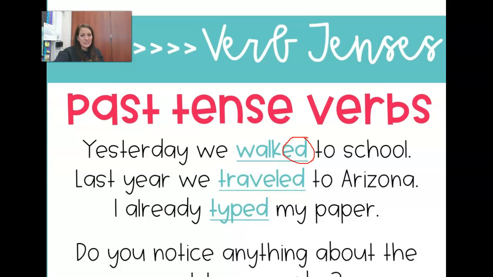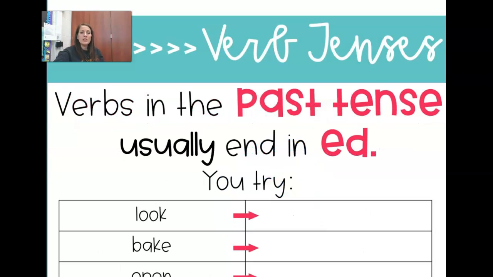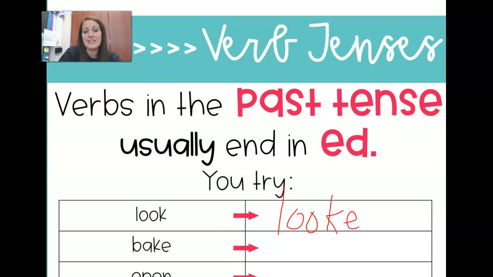Now that's not the only thing. Well, let's keep going. I'll tell you on the next slide. Here we go. Ready? So what if we look at these, the verbs in the past tense usually end in ed. How would we make these words past tense? So we have look. To make it past tense, we would add ed and it would be looked. I already looked at your book.